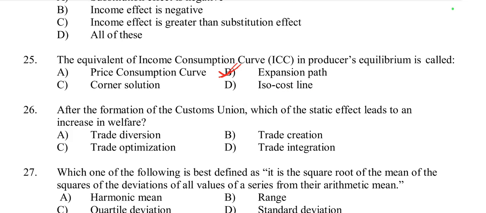It shows the combination of inputs that a firm will use as it expands production, holding input prices constant. So ICC, we can say, is called the expansion path.